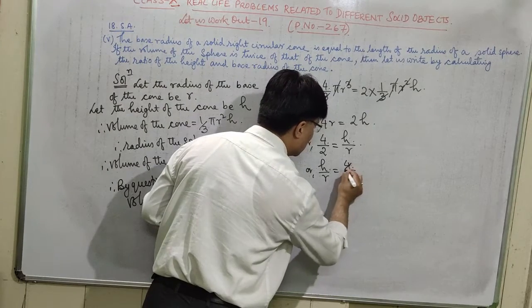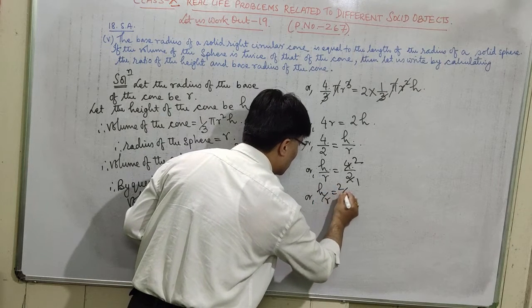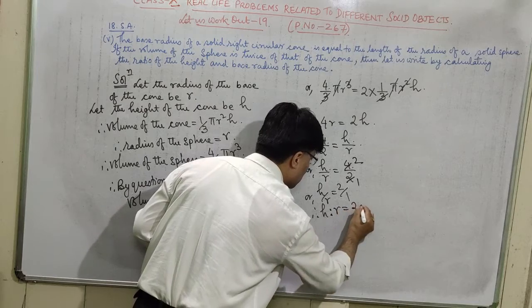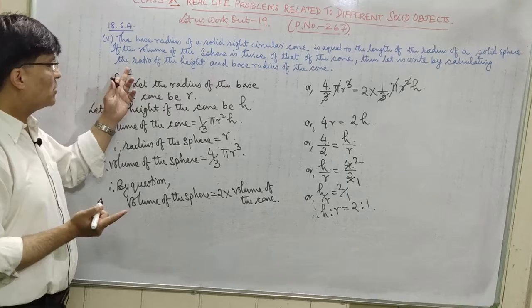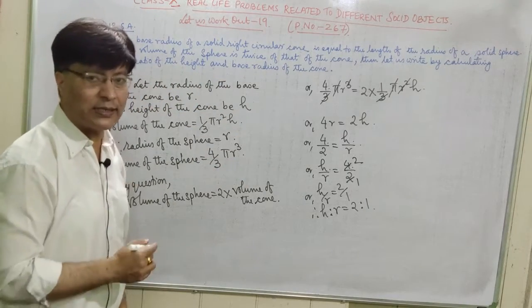So 2 ones are 2, 2 twos are 4, or h upon r is equal to 2 upon 1. So h is to r is equal to 2 is to 1. Is that clear? So what is the ratio of the height and the base radius of the cone? It is 2 is to 1. That is the answer.